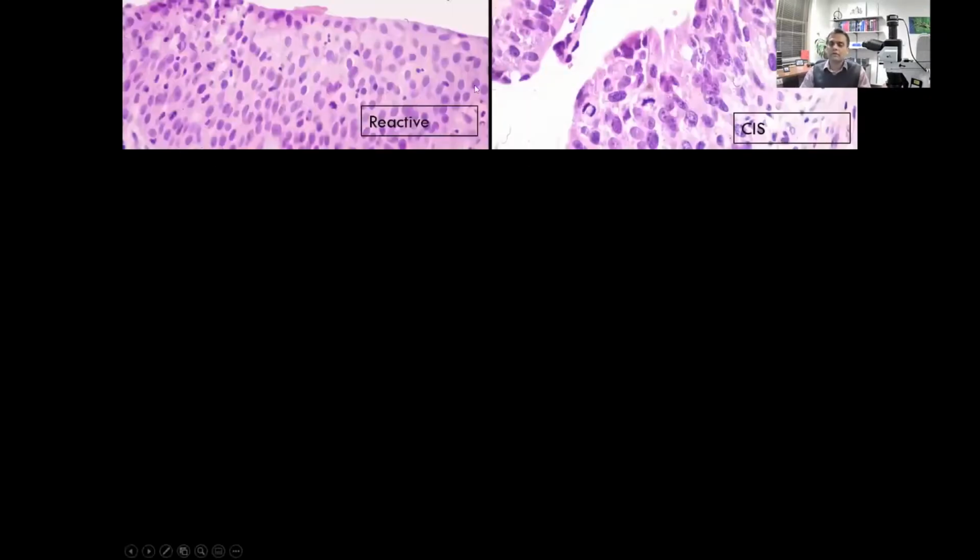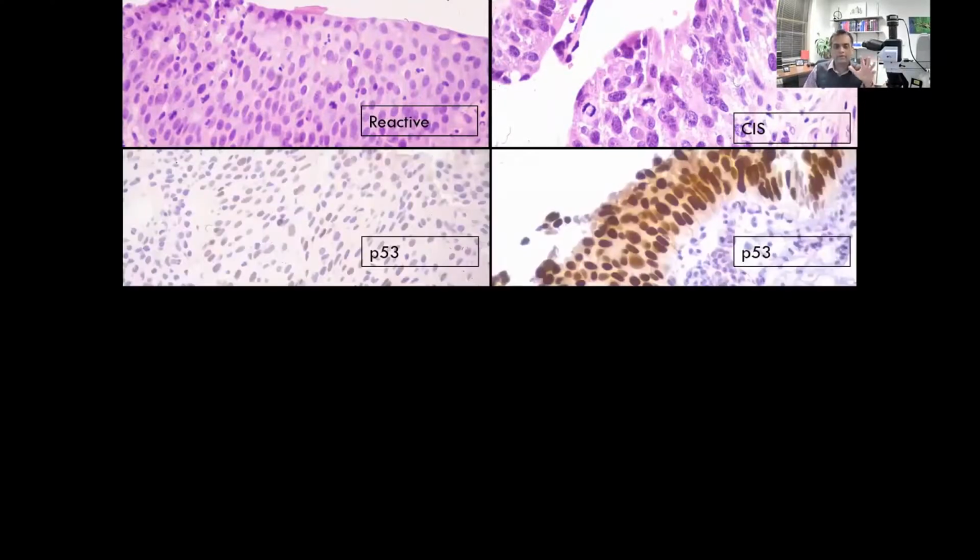The proliferation on the right over here is clearly CIS, extreme degree of atypia, mitotic figures, and you also get a lot of architectural disorder. On the left, even though it's thickened and it has mitotic figures in it, there is a sense of monotony, and you see all these irregular nuclear membranes. So this would be a reactive proliferation, right? So let's apply our immunohistochemical stains over here. So P53.